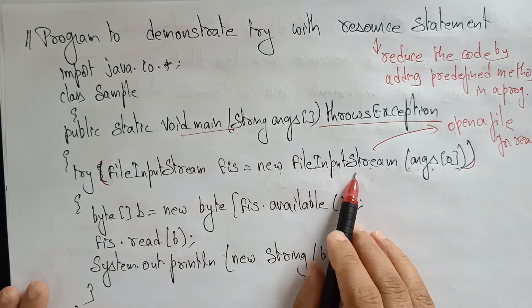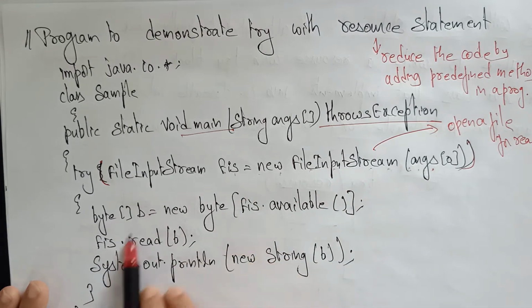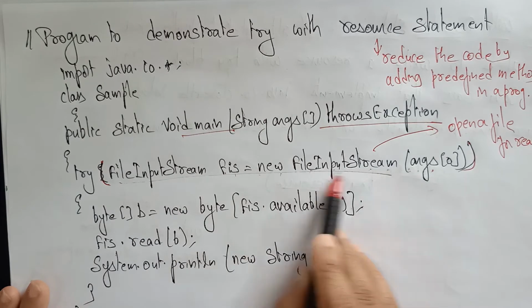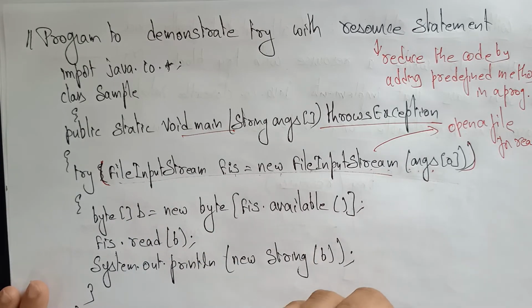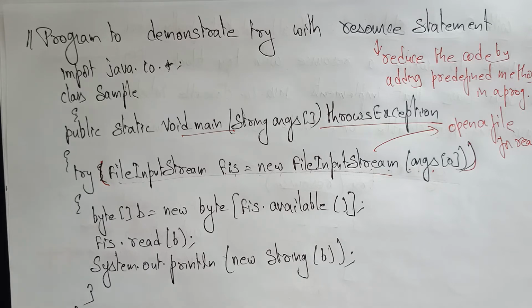After reading the file, if any exception occurs here, the file I opened is automatically closed. That is what I said: try with resources is auto closable, so it is automatically closed whenever an exception occurs in the program.